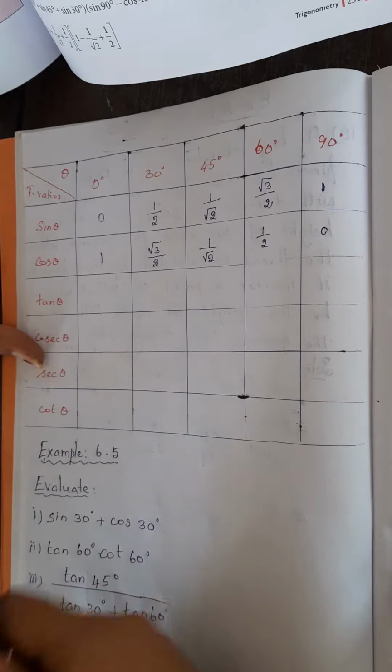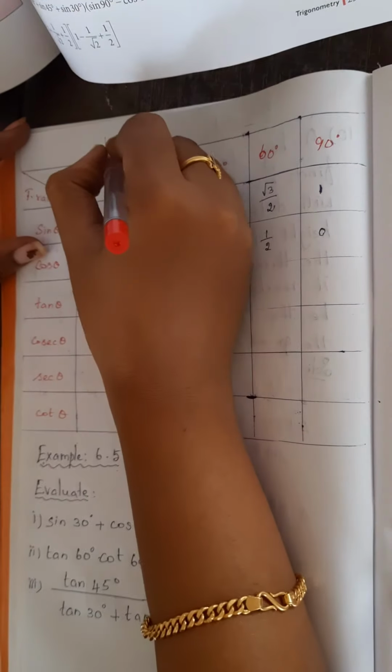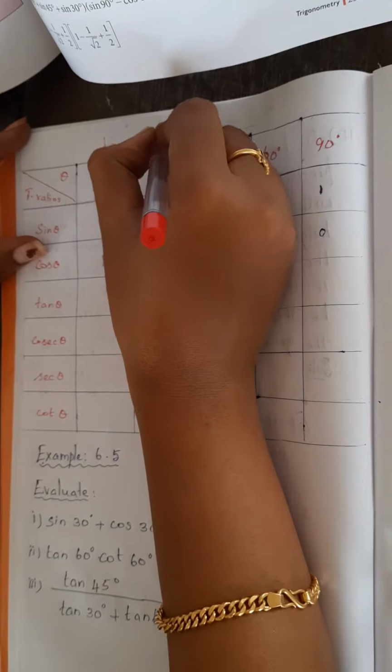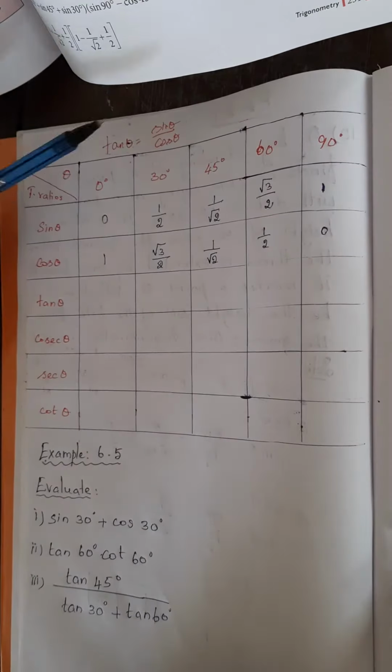Next one, tan theta. Already you learned a formula, that is tan theta equal to sin theta by cos theta. So using that formula, you can write this one. Divide the both, you will get the answer. 0 by 1 equal to 0.